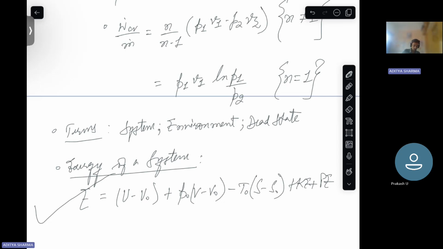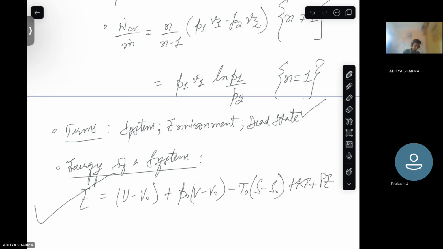So when I'm writing naught with some terms, like U naught, V naught, S naught, these correspond to the dead state that I have just written here, the equilibrium state that the system eventually attains after expending its potential, or exergy. So this is the exergy of a system.